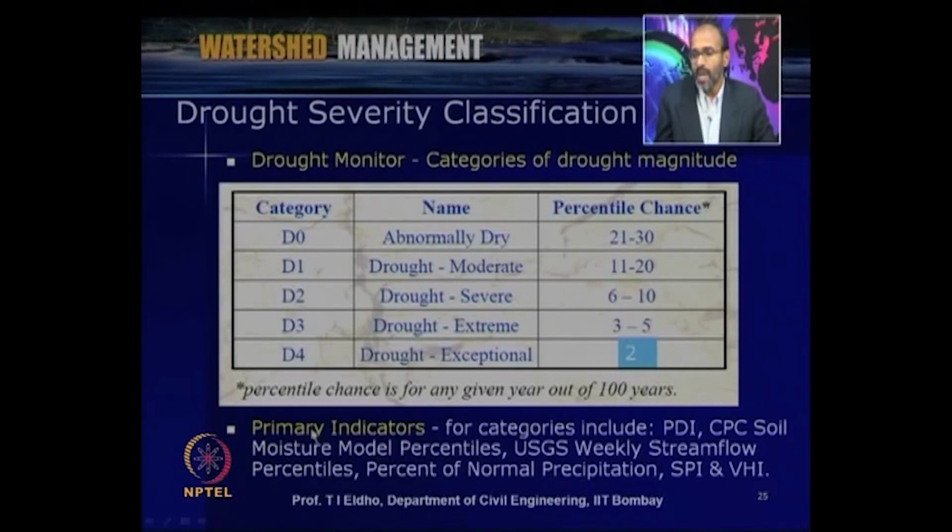Some of the primary indicators, like PDI, CPC, soil moisture, model percentiles, USGS weekly stream flow, percent of normal precipitation, and SPI, are used to make this kind of severity classification.